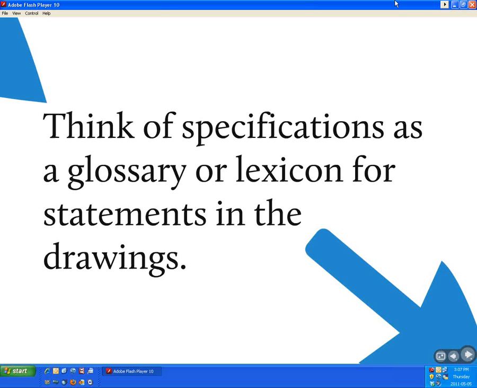You take the words that you need and you make individual statements, and so in effect the drawings and the notes with them are statements that should be assembled from the terminology, the language that's in the specifications.